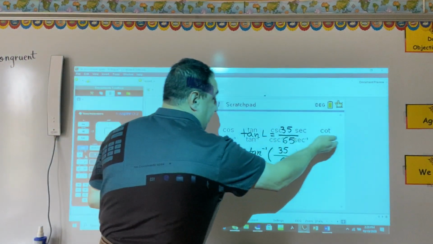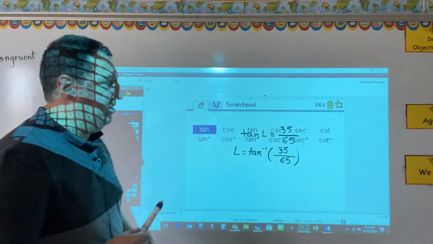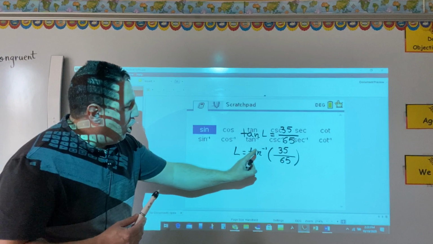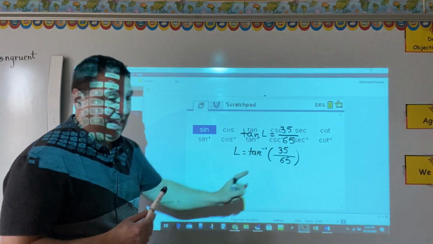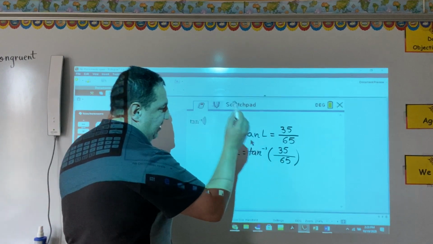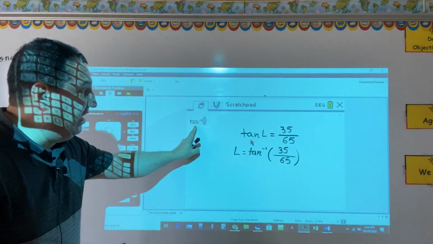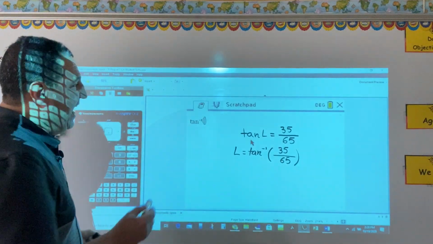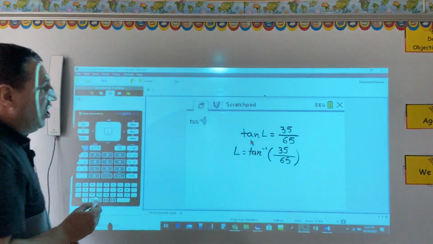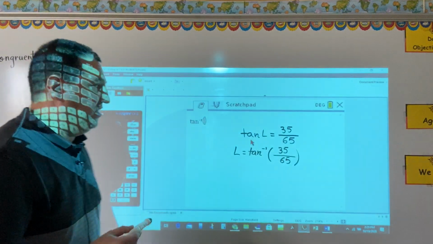In the second row, there are their inverses. Because we work with inverse of tangent, we click on inverse of tangent, and you'll get on the screen the inverse of tangent. Inside the parentheses, we write the ratio of 35 and 65.